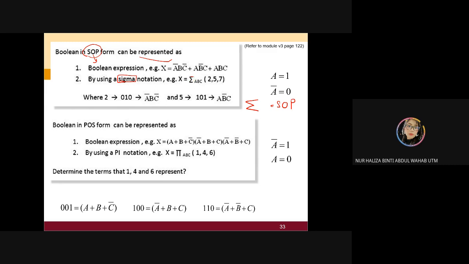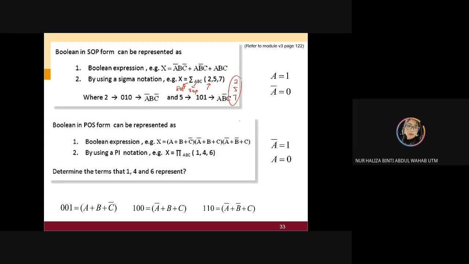This is sigma, so you know this is SOP, and I can see there are 3 inputs here, which are input A, input B, and input C. And I have the condition of 2, 5, 7.